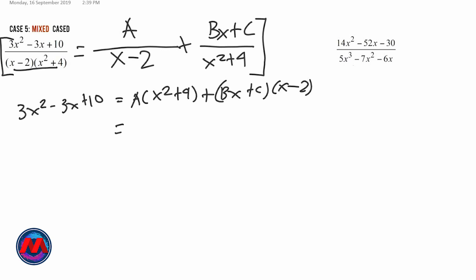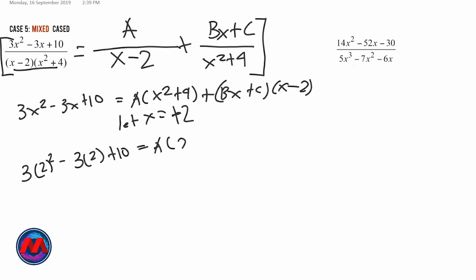So, doing that, let x be equal to positive 2. Okay, let's substitute. 3 times 2 squared minus 3 times 2 plus 10 is equals to A times (2 squared plus 4) plus (B times 2 plus C) times (2 minus 2).